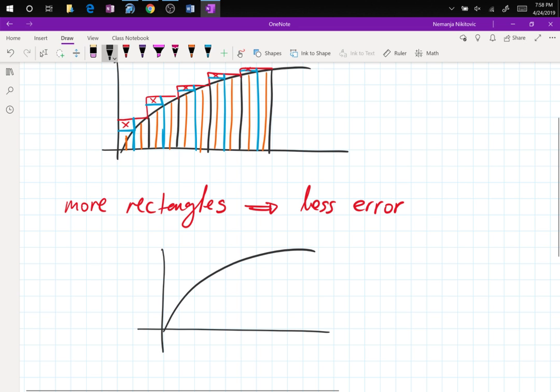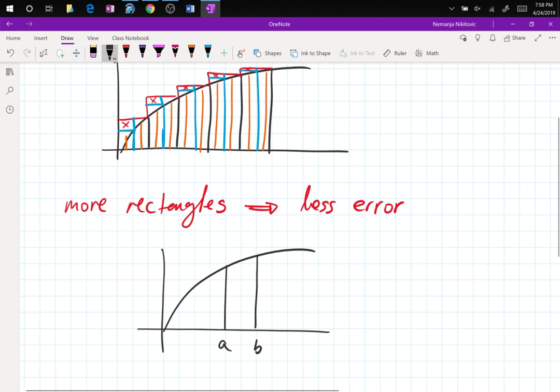However, it kind of paints the picture of this. If you have infinitely many rectangles, you actually get area under the curve. Let's say that I'm interested in area under the curve between A and B. And let's say that by some magic, I am able to determine points that are next to it. If I make my delta x so tiny, the width of each of the rectangles is technically 0 because it fits under a single point.